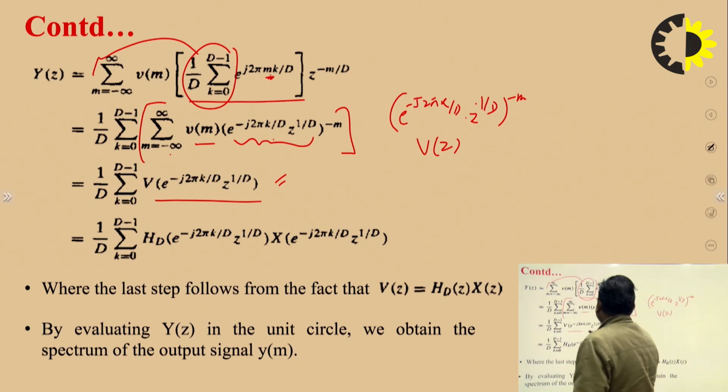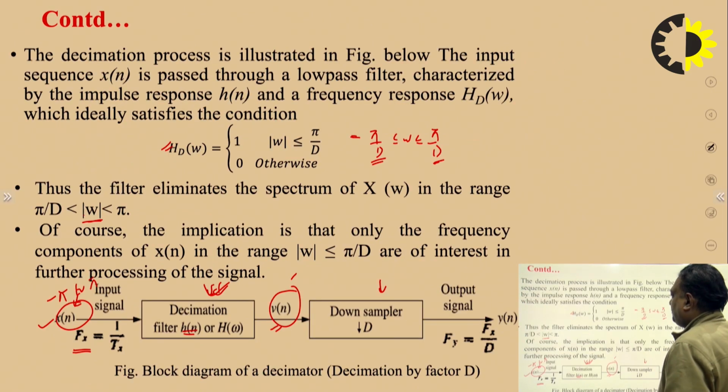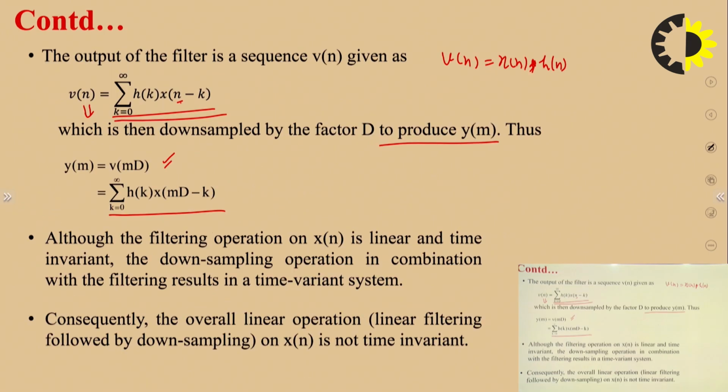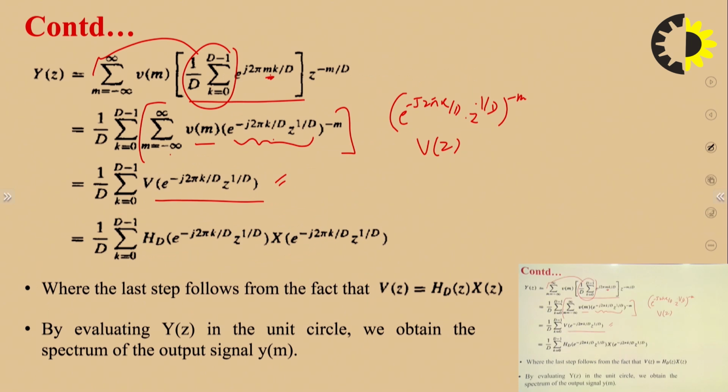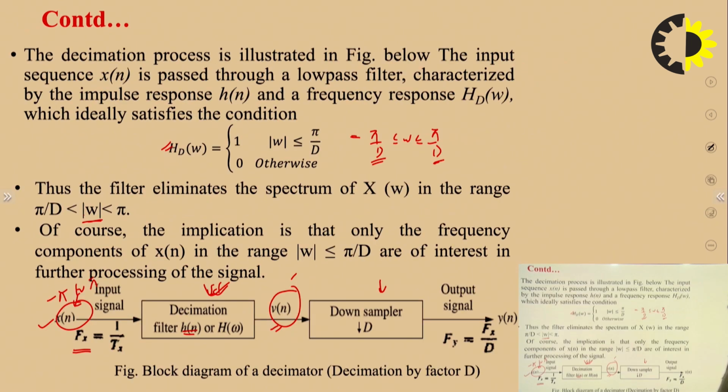Now according to this, we will see the block diagram, which is in the frequency domain. What is the value of V(z)? In this block, the Z transform of x(n) is X(z), h(n) is H(z), and v(n) is V(z).